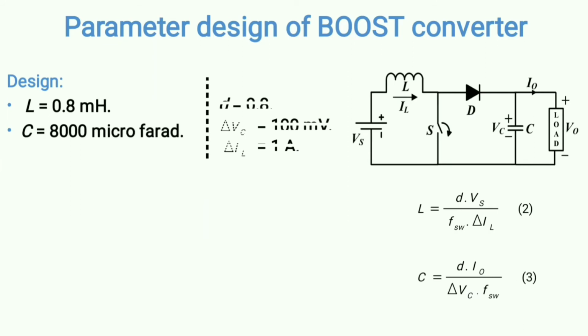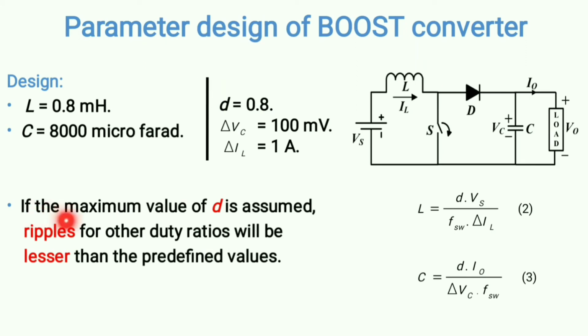See, here I have also written these values. See the point: if the maximum value of D is assumed, ripples for other duty ratios will be lesser than the predefined values. So what is the advantage? See in this equation or in this equation, once your L and C are determined, you put these values.